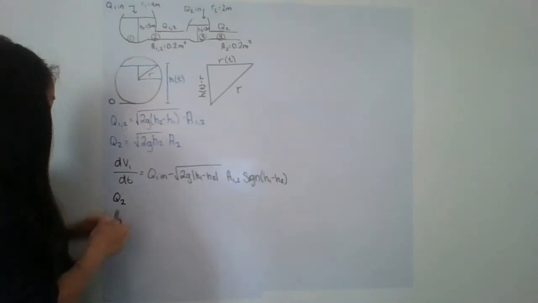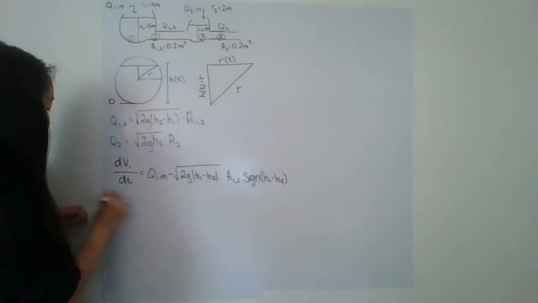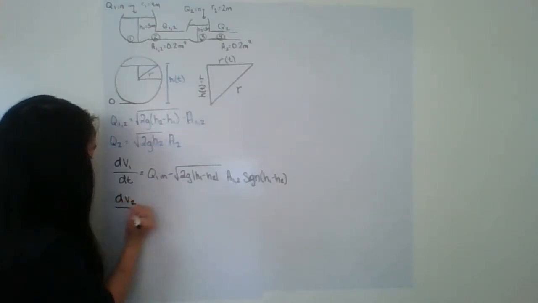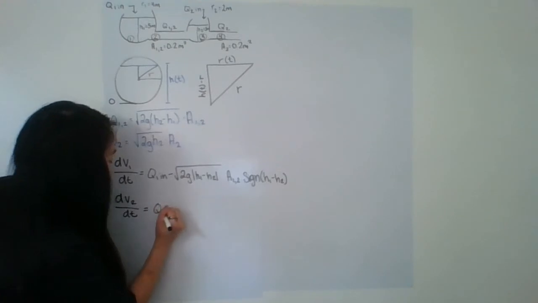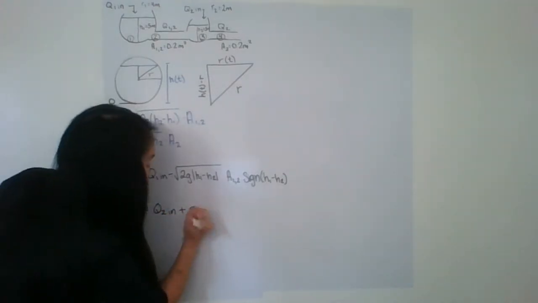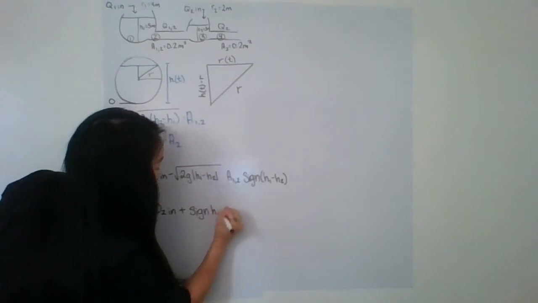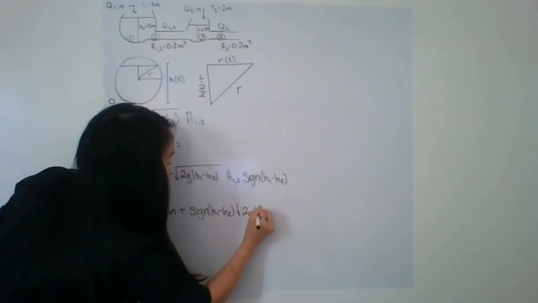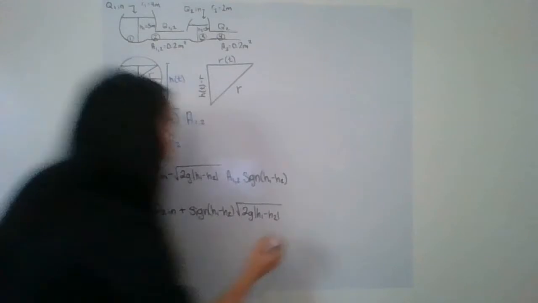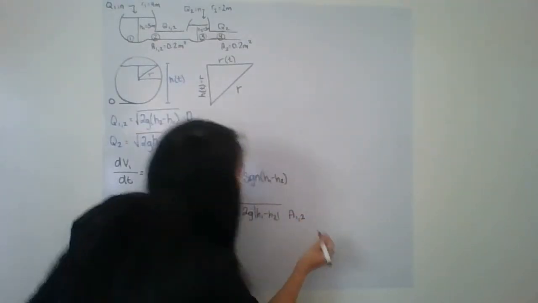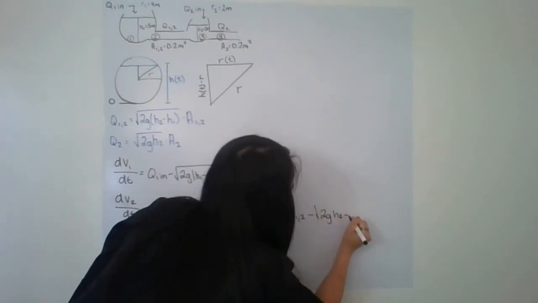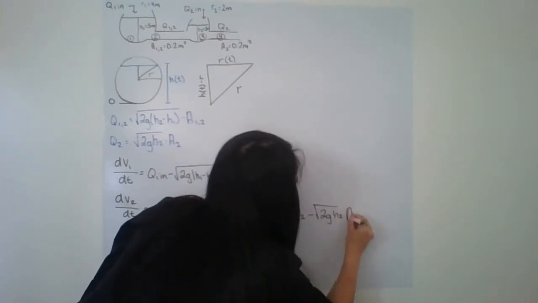So moving on to tank 2, we have Q2n, which is positive, Q12, which is positive, sorry, and Q2, which is going out of tank 2, so it'll be negative. So we're going to have dV2 over dt equals Q2n plus the sign of H1 minus H2 times the square root of 2g times the absolute value of H1 minus H2, and this is all multiplied by A12 and minus the square root of 2g H2 times A2.